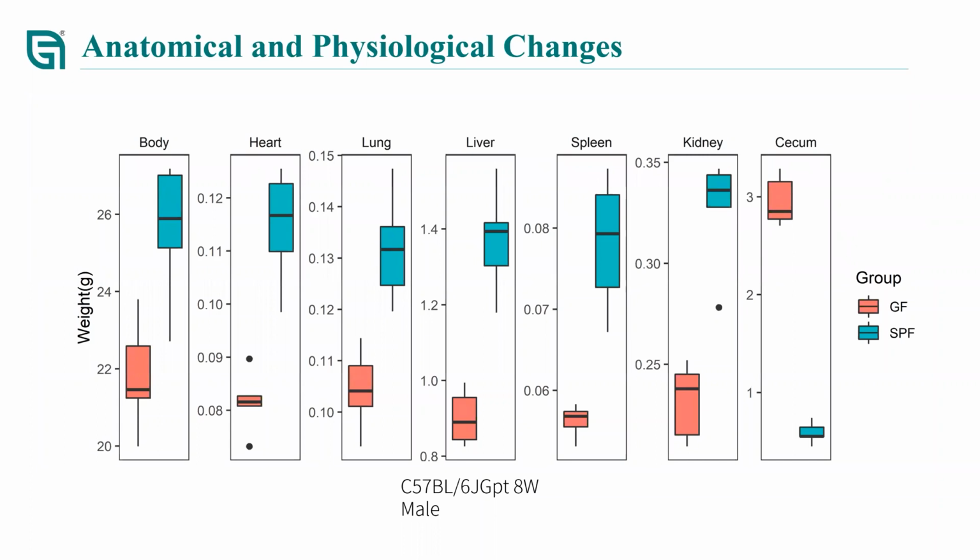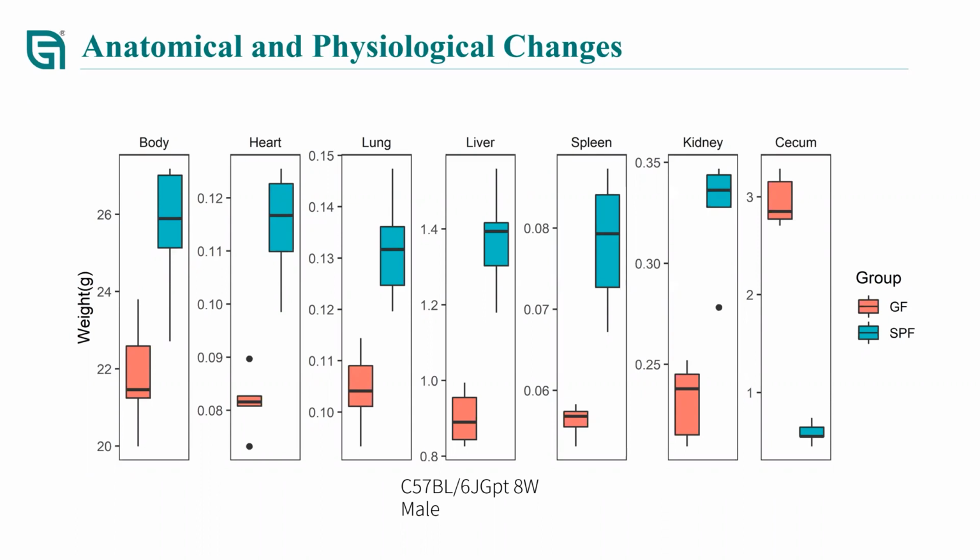So what you see here is some of our data showing the anatomical and physiological differences between SPF and GF mice. The result shows that SPF mice have a higher body weight and bigger heart, lung, liver, spleen, and penis than GF mice. But the cecum of GF mice is twice as big as that of SPF mice.